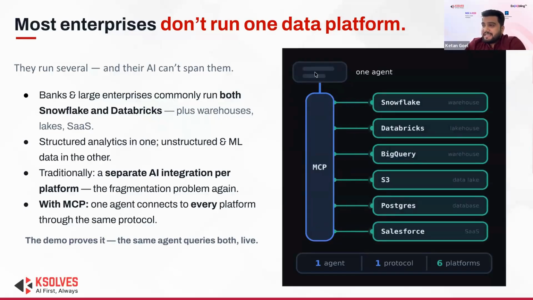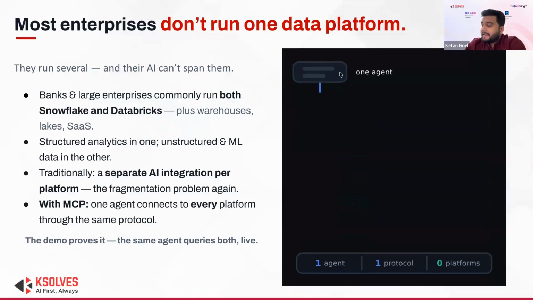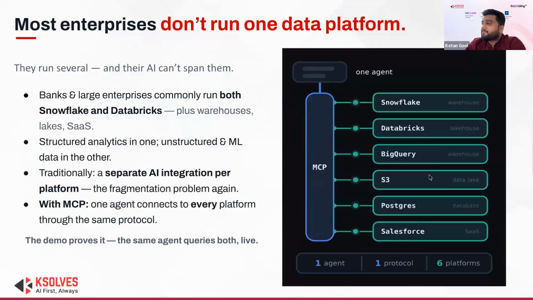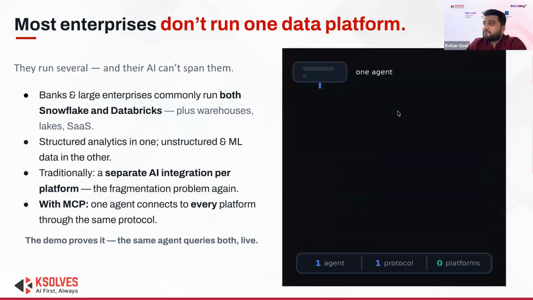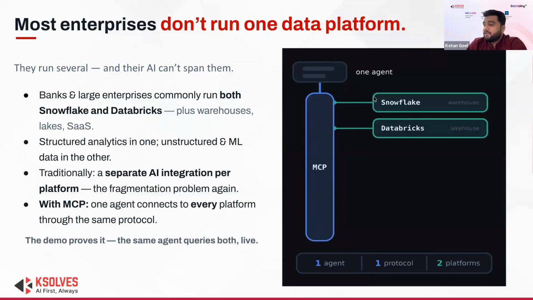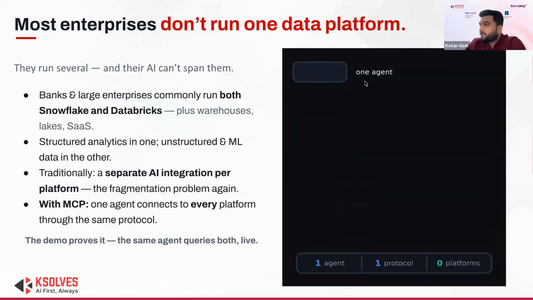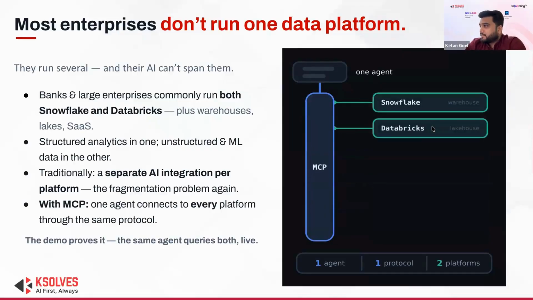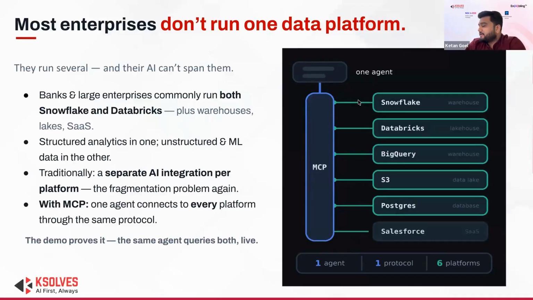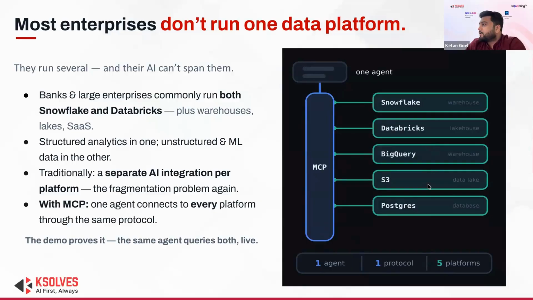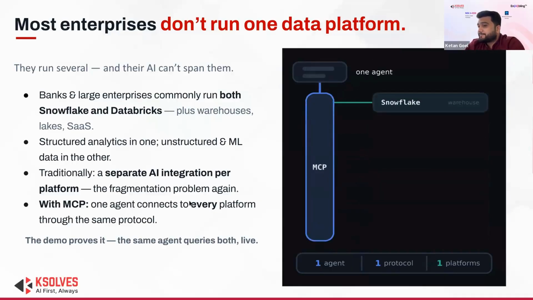Only a single agent needs to connect with your MCP, and that MCP can connect to all platforms. So you don't have to worry about how many platforms there are. You just have to focus on your agent. This is the beauty of MCP. Here you can also see there is one agent, one protocol, one MCP, and a number of platforms communicating with it.